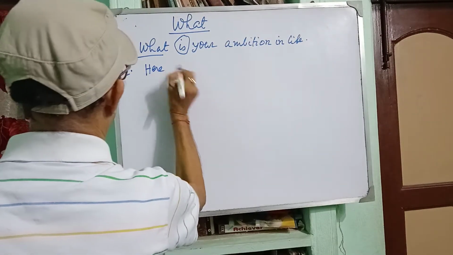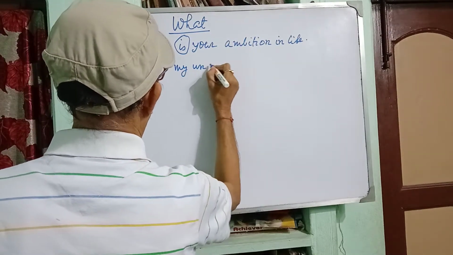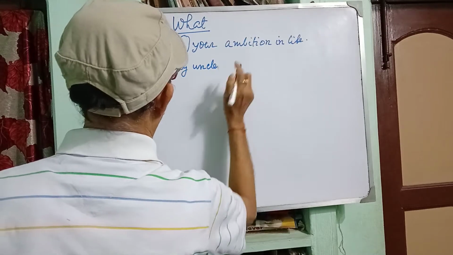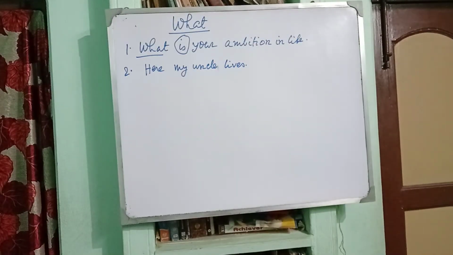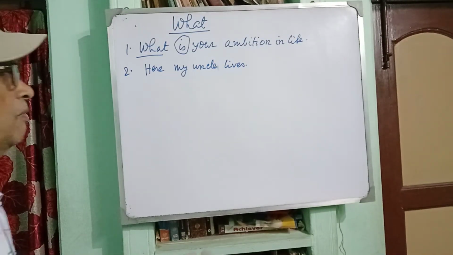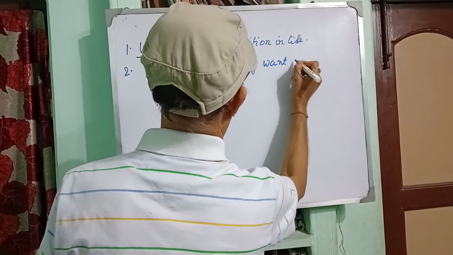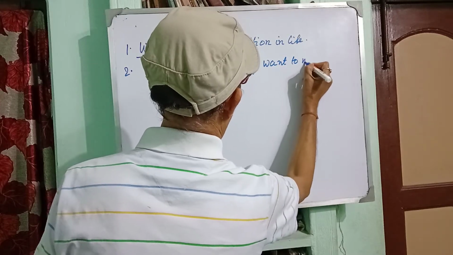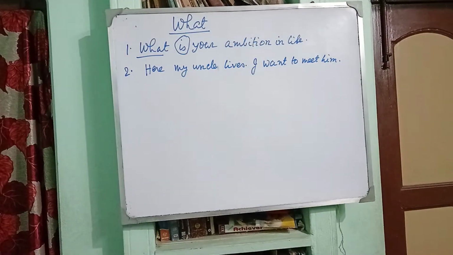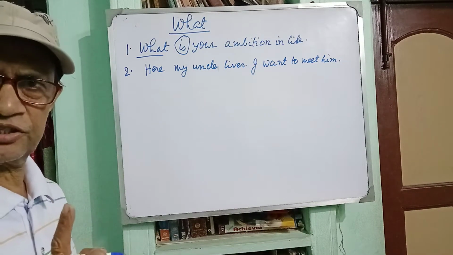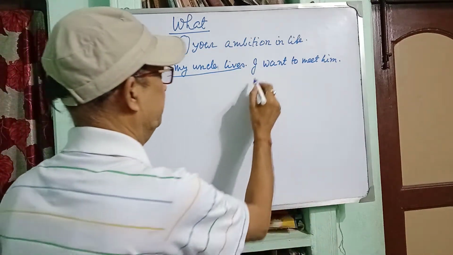Here my uncle lives. I want to meet him. Okay? There are 2 sentences. You see, here my uncle lives. I want to meet him.